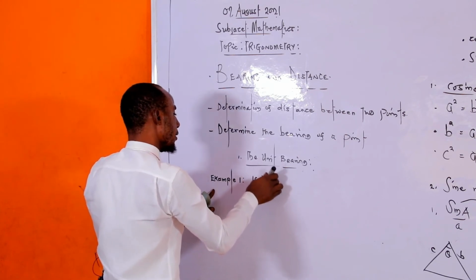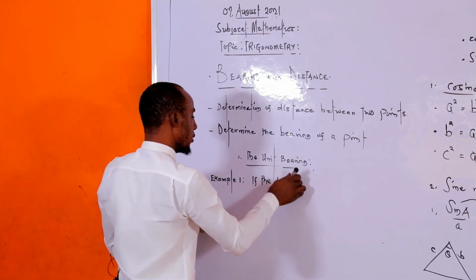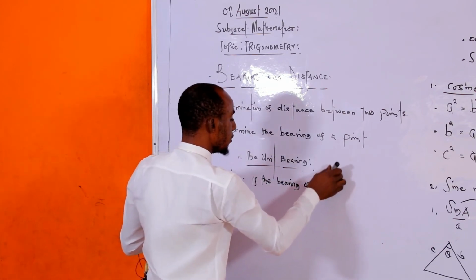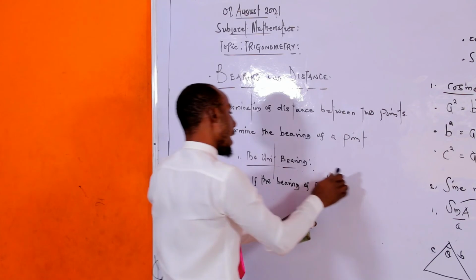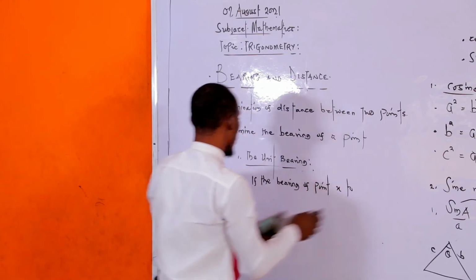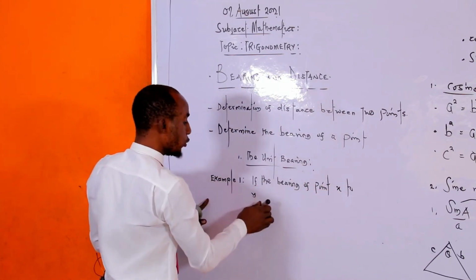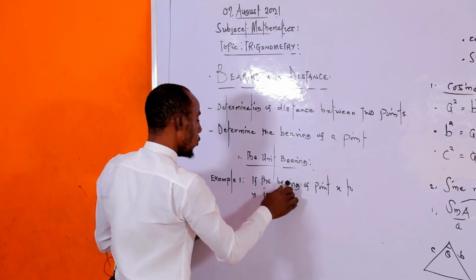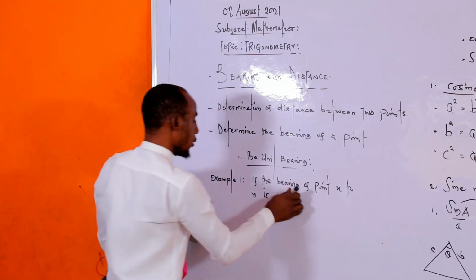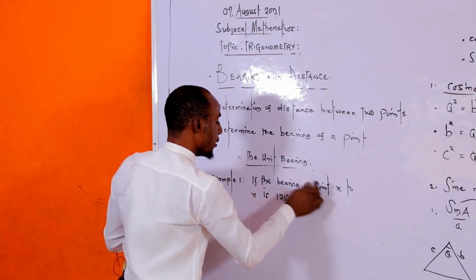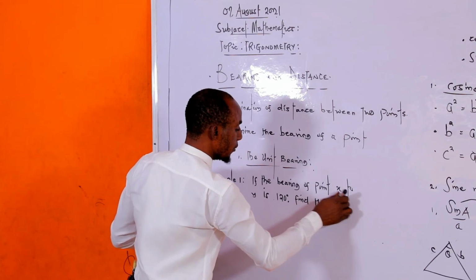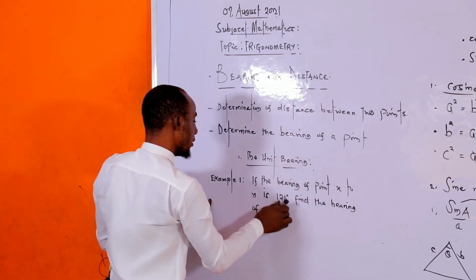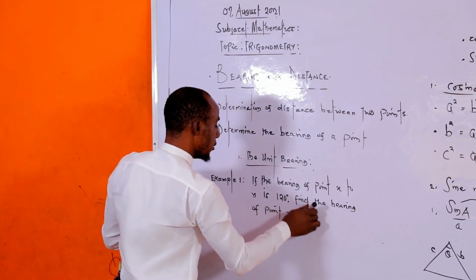If the bearing of point x to y is 120 degree, find the bearing of point y to what now?